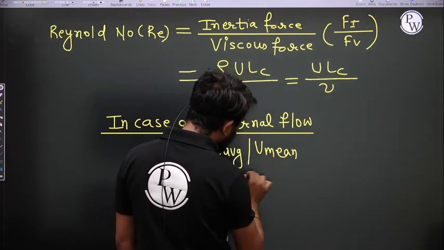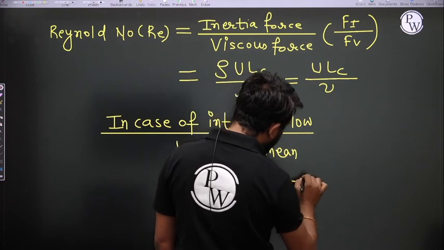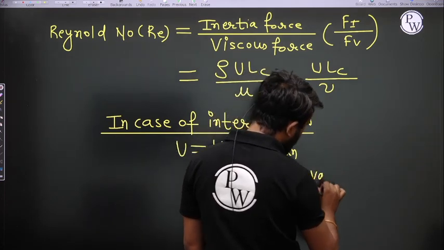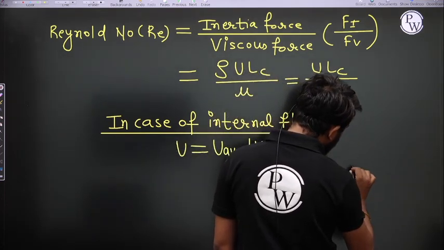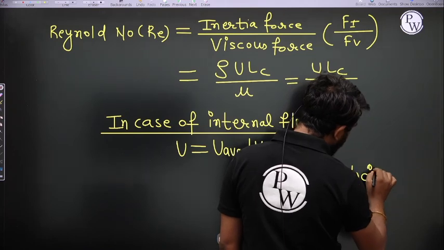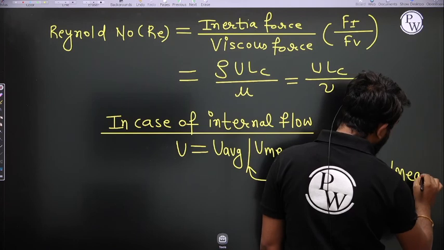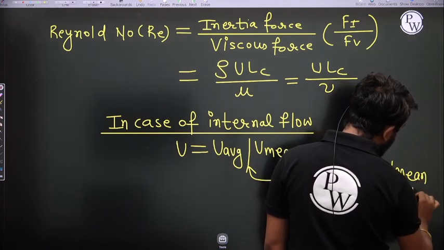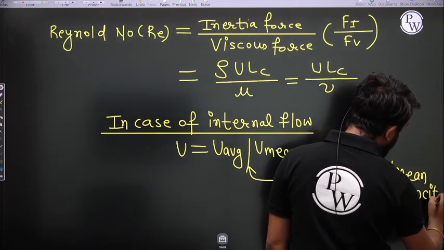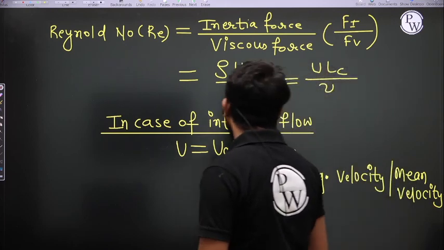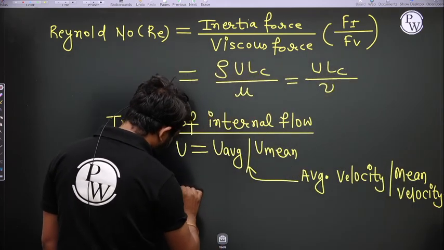And what is the U average or U mean? This is the average velocity, or mean velocity. Now, what is the Lc?